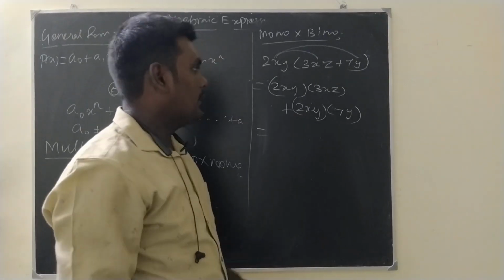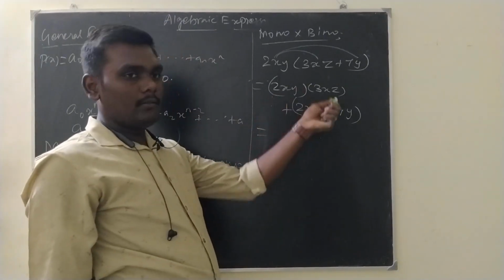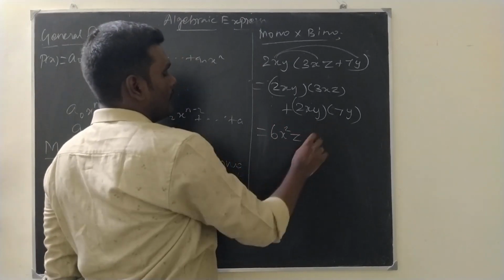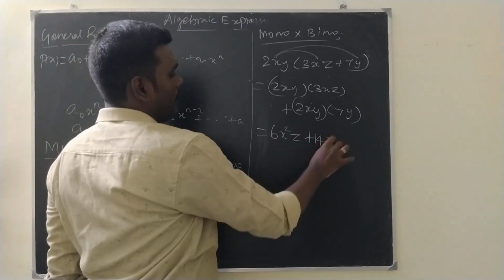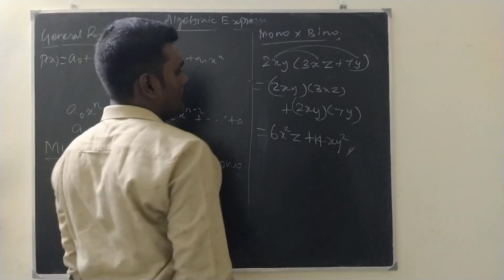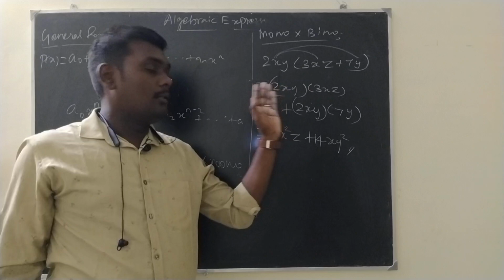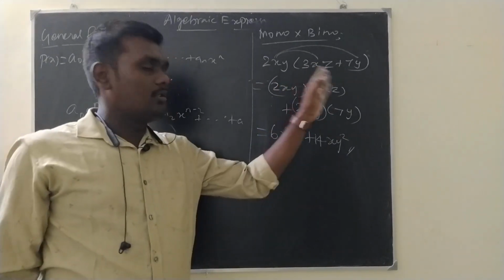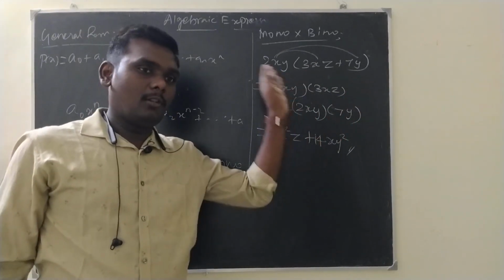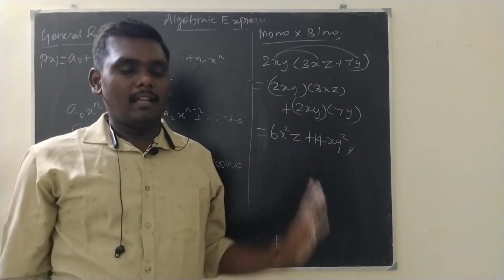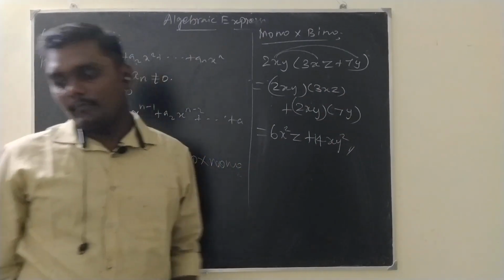Then we get 6x square yz, and this will be multiplied to get 14xy square. That is the result. The same applies for any monomial into polynomial as well. If more than two terms are there, we will multiply the monomial with each term and add the results at last. As many terms, as many products.